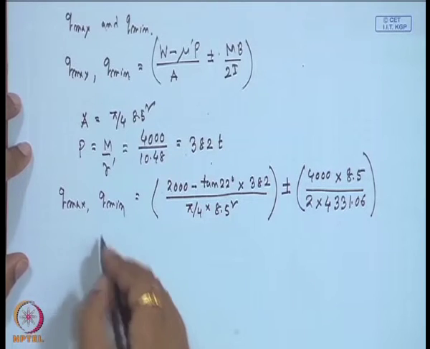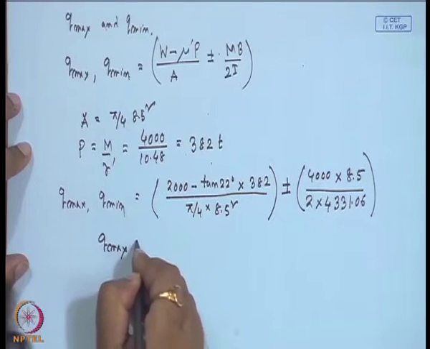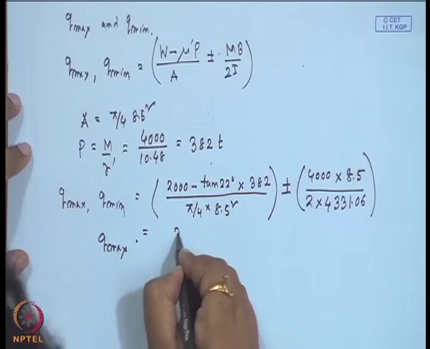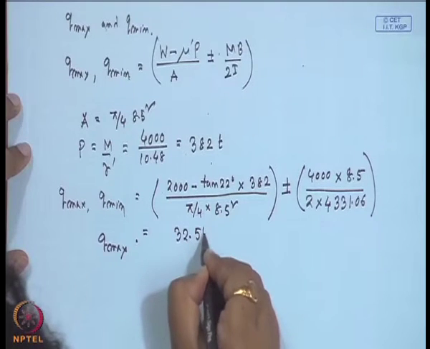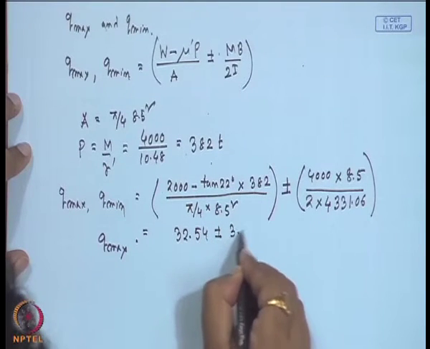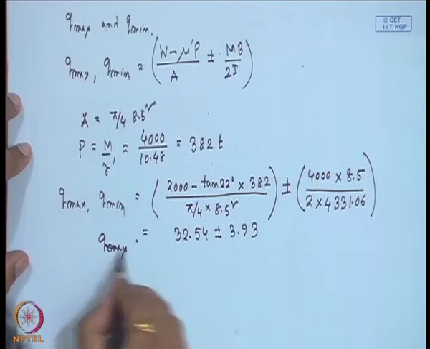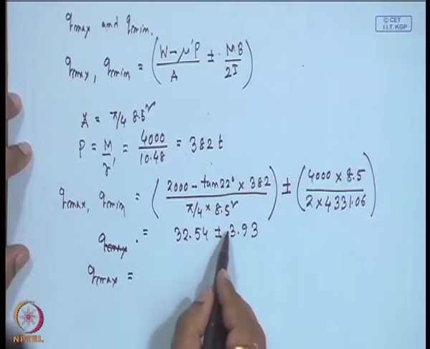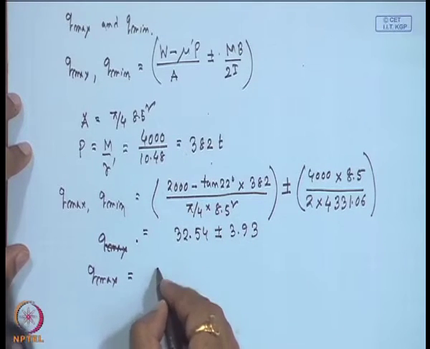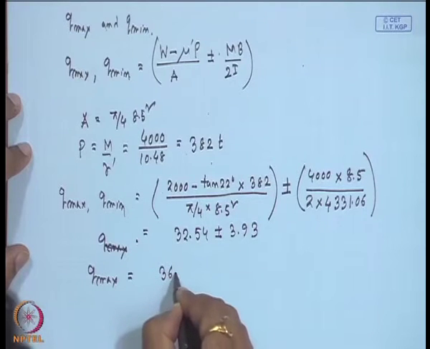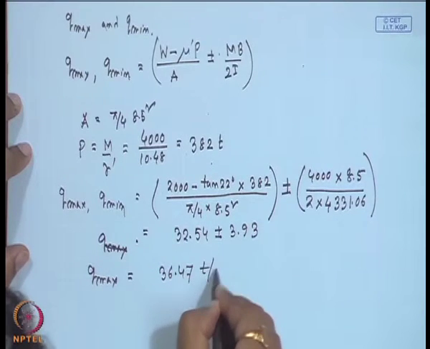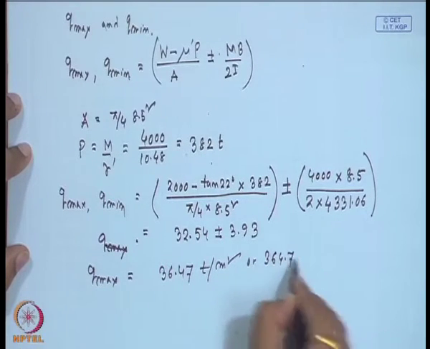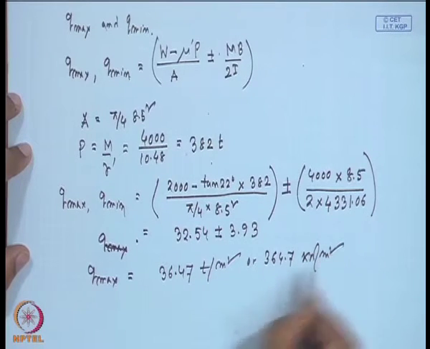So, this is 32.54 plus or minus 3.93. Q max will be 32.54 plus 3.93, which is 36.47 ton per meter square, or 364.7 kilonewton per meter square.